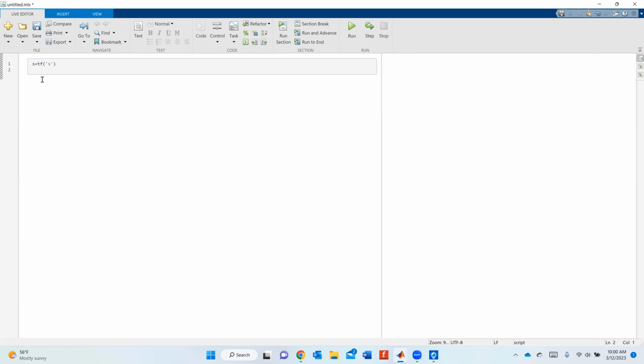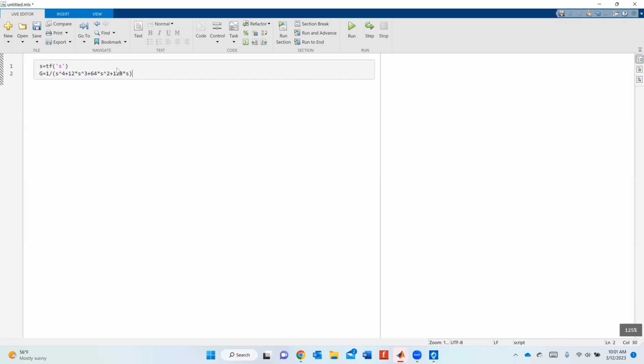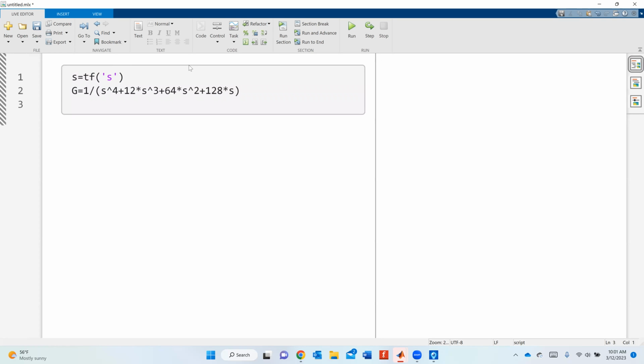And then G is going to equal, copying it over, this is the open loop system, 1 divided by s to the power 4 plus 12 times s to the power 3, plus 64 times s to the power 2, plus 128 times s.